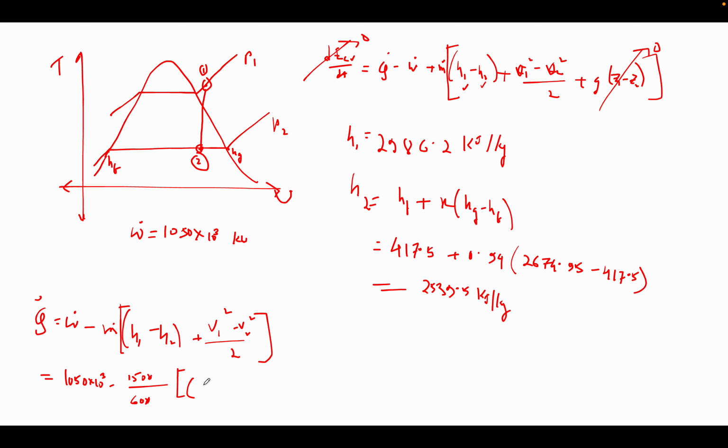H1 is 2986.2 minus 2539.5 plus V1 squared, 8 squared, minus V2 squared, 65 squared, by 2. Let me calculate this.